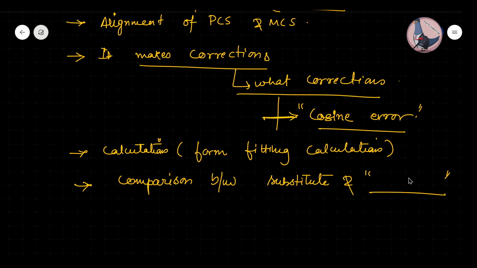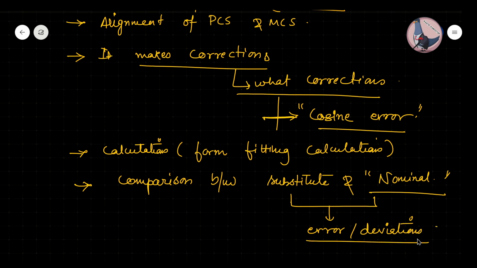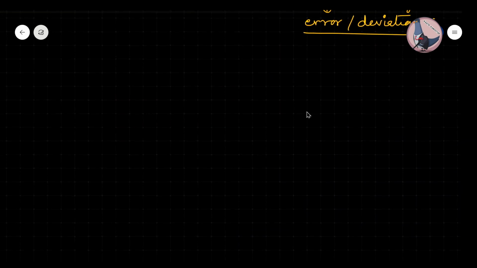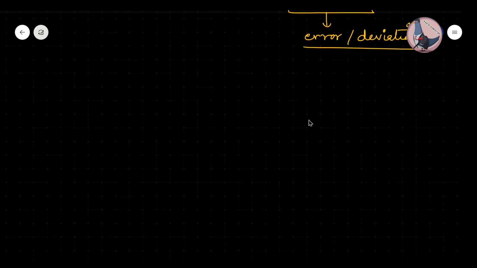Actual or nominal? Think on it. Yes, you're correct. It's nominal. And then the report can also be made. Comparison between these two, and whatever the error or deviations are, those will be taken care of by it.